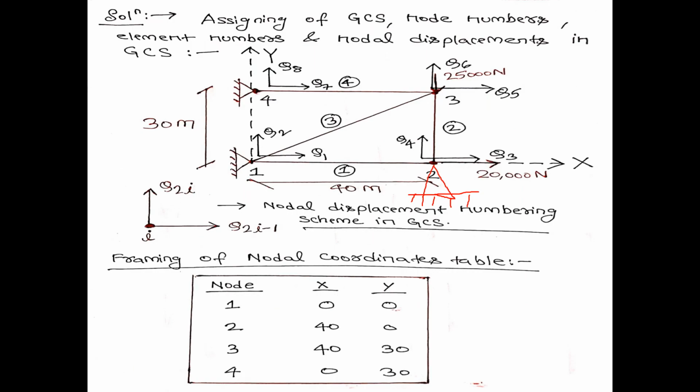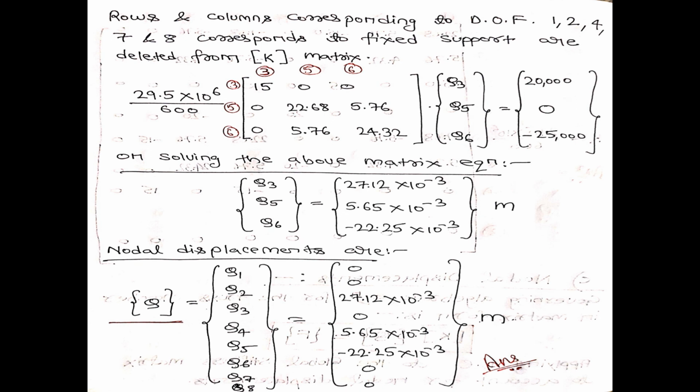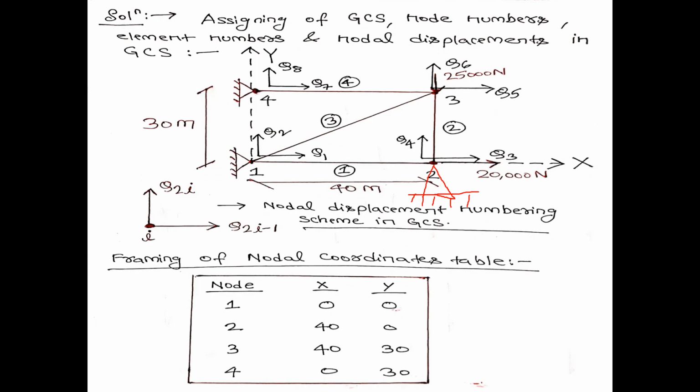Along the third nodal point, I can see that a force is acting along the positive x direction. That is how much? 20,000 Newton. So the value of F3 will be plus 20,000. Okay. Along node 5, sorry, at node number 3, what is the load acting?